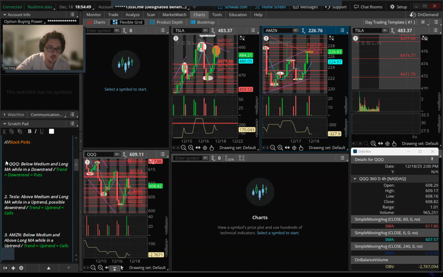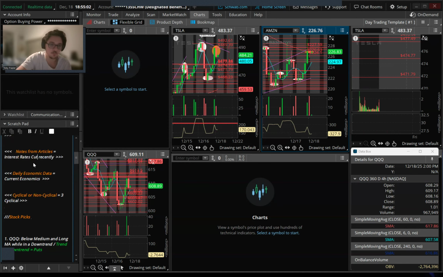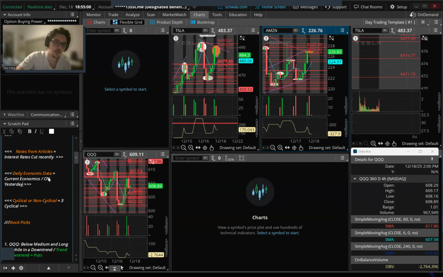Also, these are my stock picks: QQQ, Tesla, Amazon. I just want to reiterate why I chose QQQ, because there was actually the consumer price index yesterday. The CPI has to do with goods and services being purchased from businesses, consumers, and government.